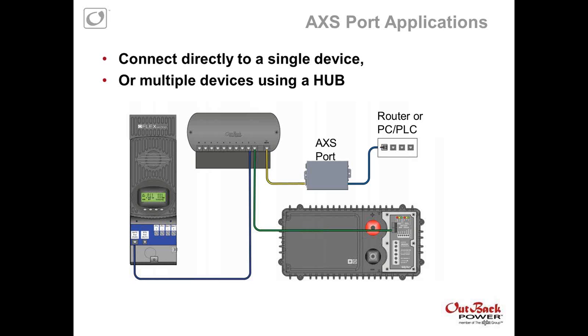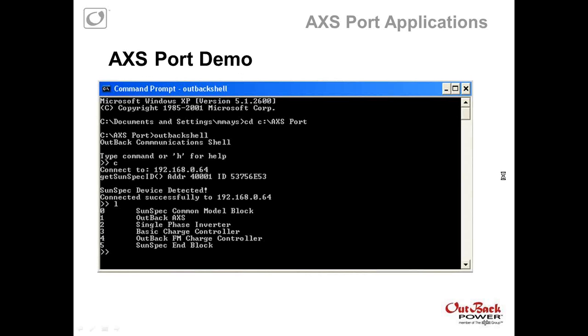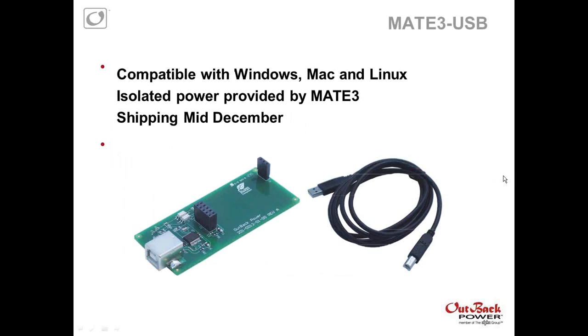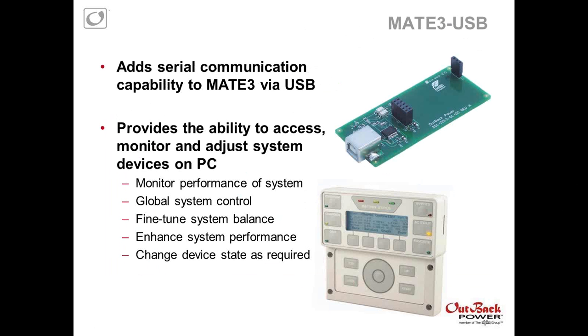Let me see. There was a question about where the Mate 3 USB fits into the Mate 3. Do you want to show that slide again to show how it fits into the device? Sure.